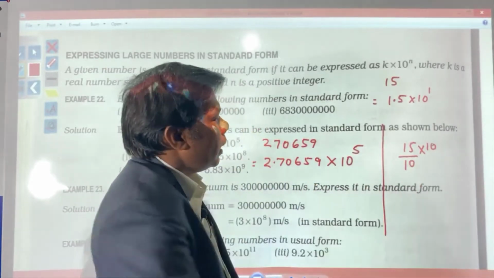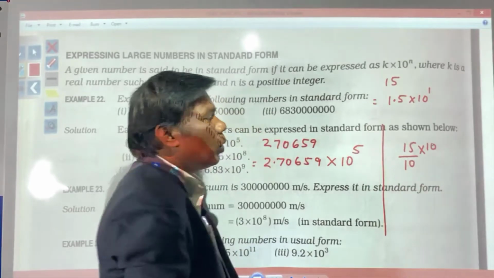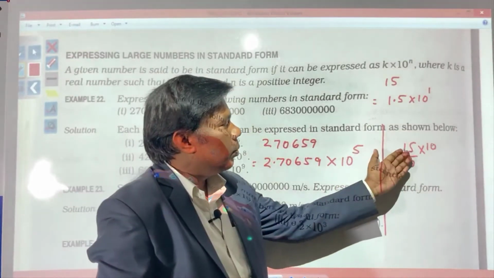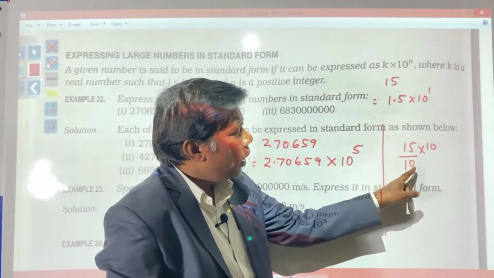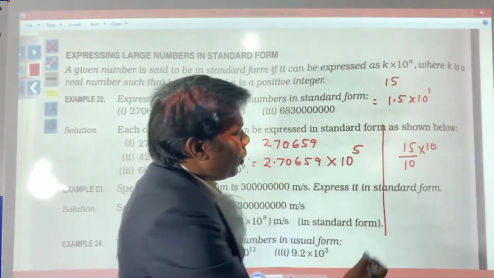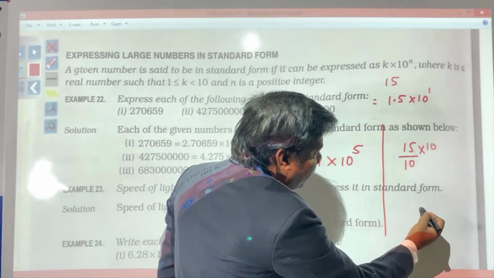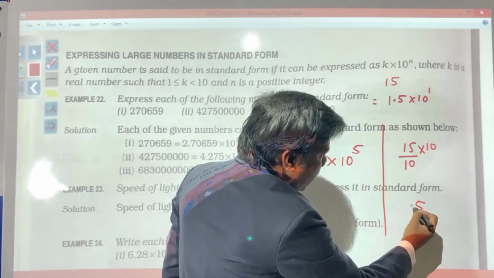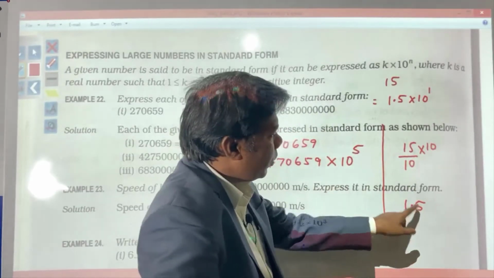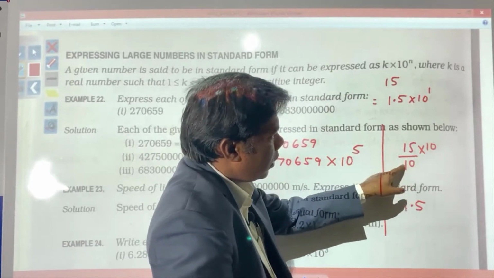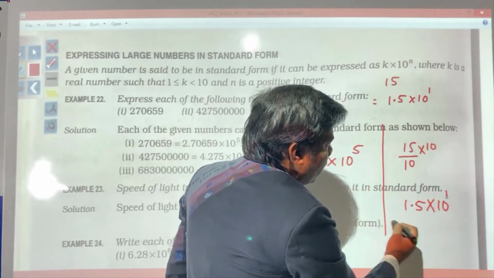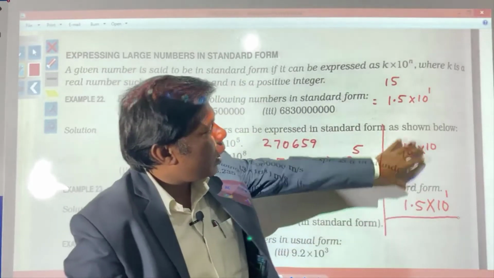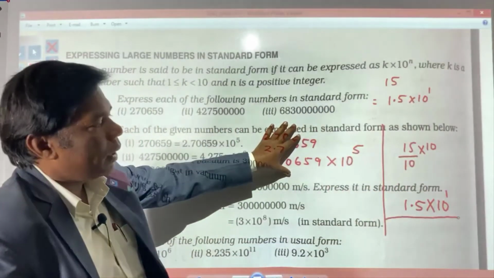So here you see, if you know how to convert numbers into decimals, in division you have 10, then we need to put the decimal just after one digit like this. You get 1.5 with this 10, and the other 10 is written over here as 10 to the power 1. So this is a small example. In the same way this has been converted.